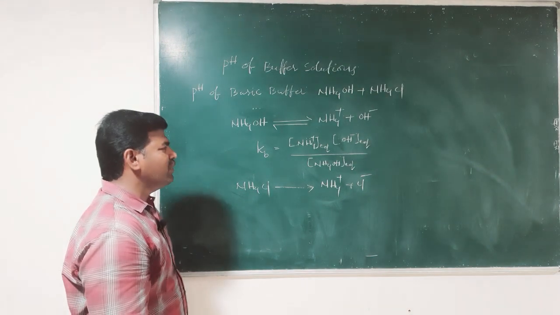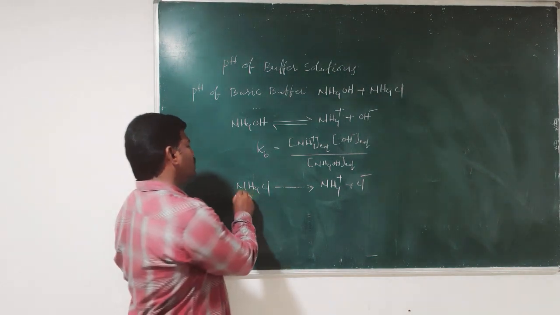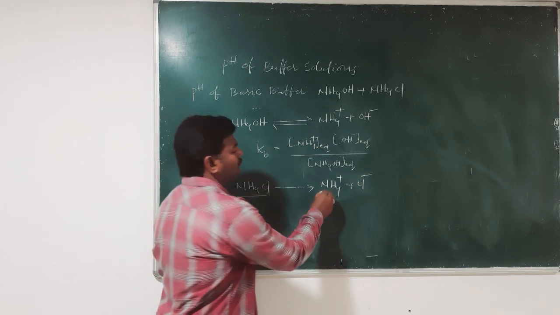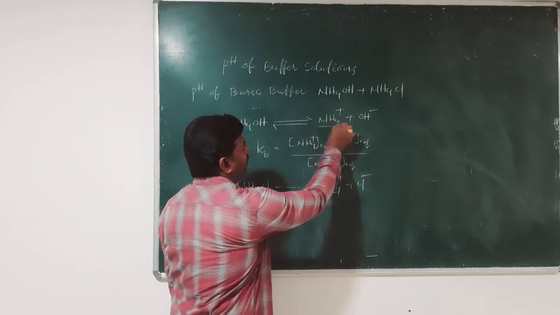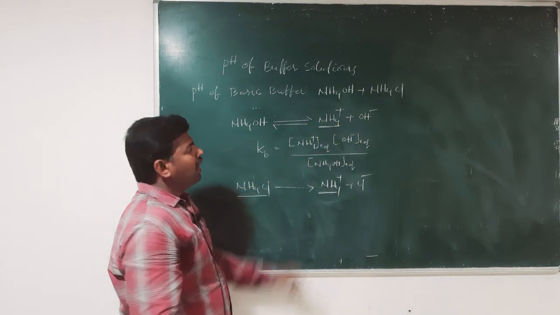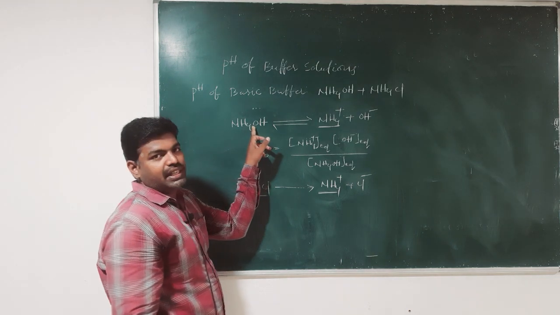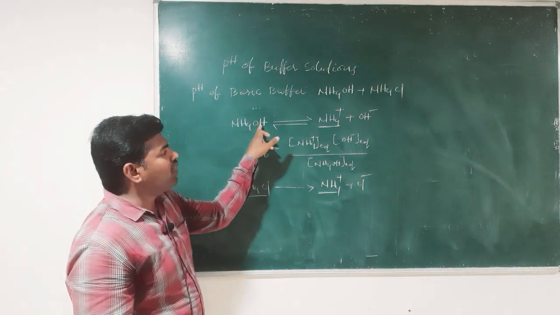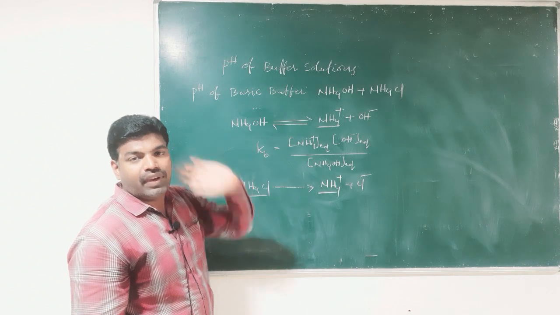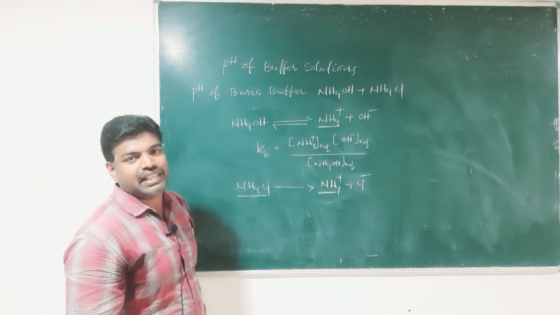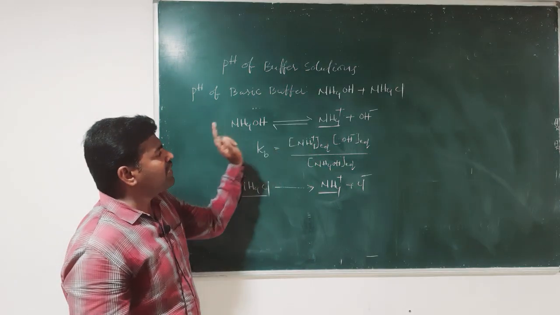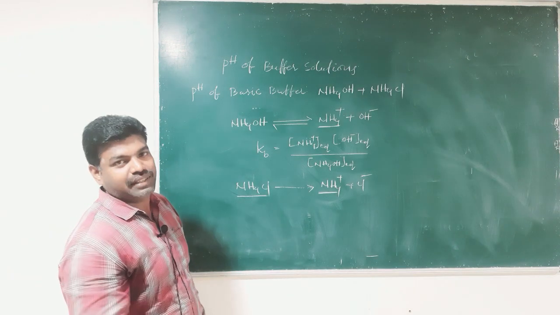Okay, and moreover we can simply understand this owing to the complete ionization or owing to the common ion effect, the dissociation or ionization of ammonium hydroxide is very much decreased, that is, ionization of the weak base is further suppressed.